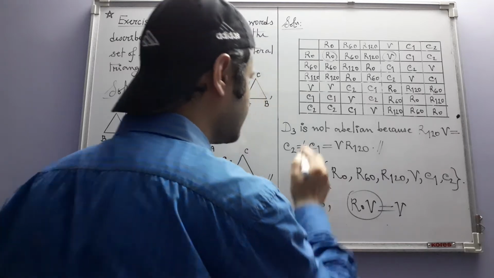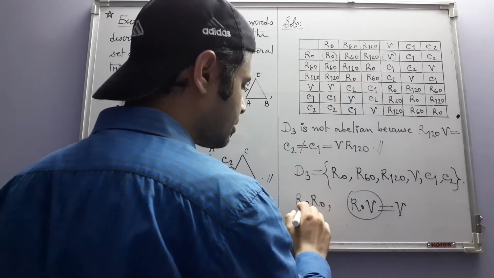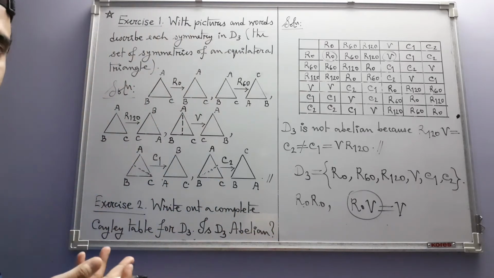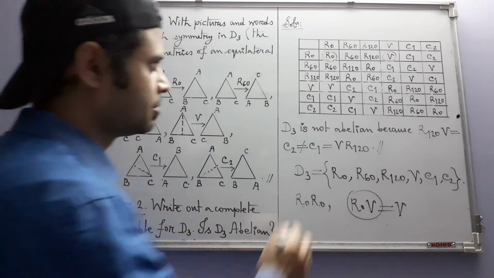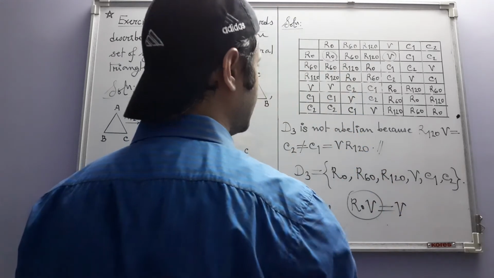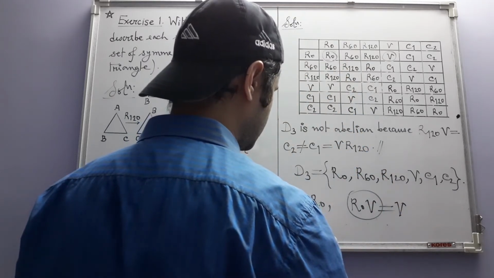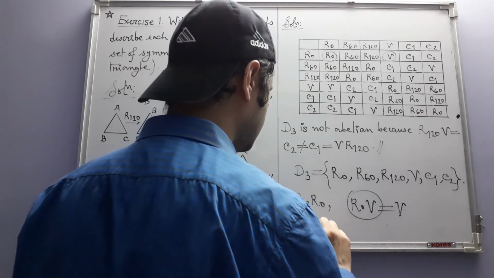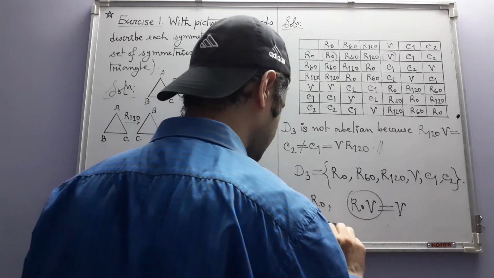R naught R naught is R naught because doing R naught 2 times is as good as doing nothing just once. You quickly realize that if you compose R naught with anything, you get that anything back.